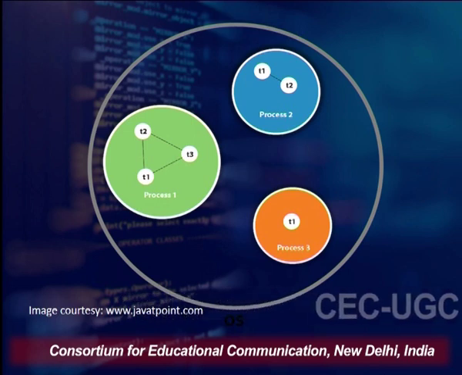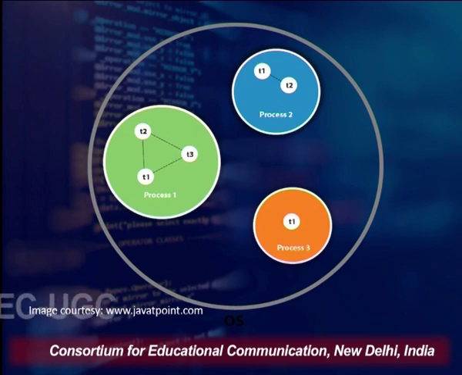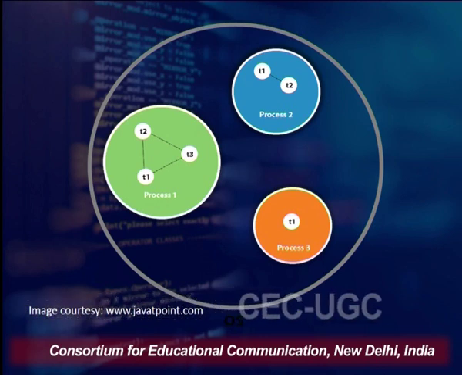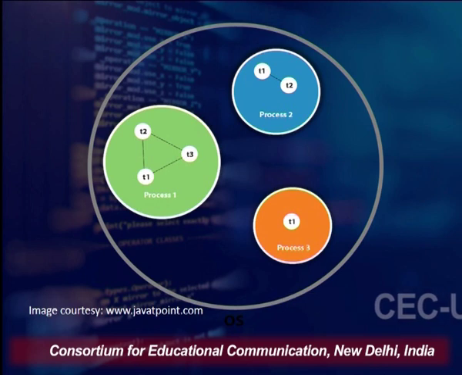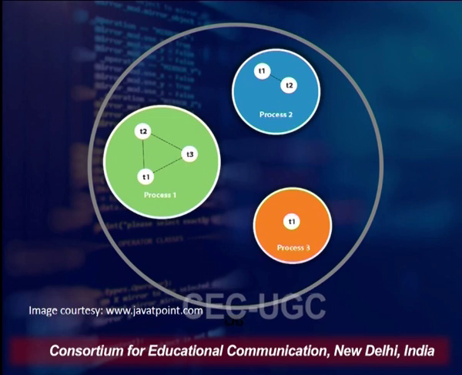Now these processes have their separate address spaces, and these separate address spaces are shown with the help of different colors. If you look at the small circles within process 1 or process 2, they are connected to each other. These smaller circles represent threads.